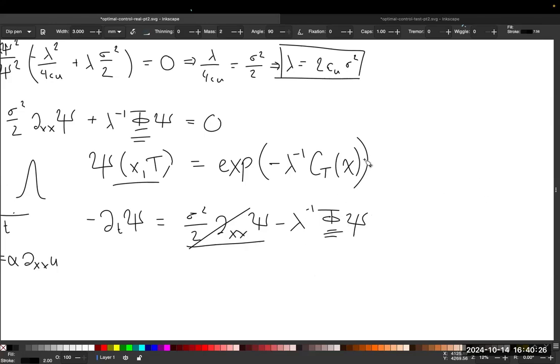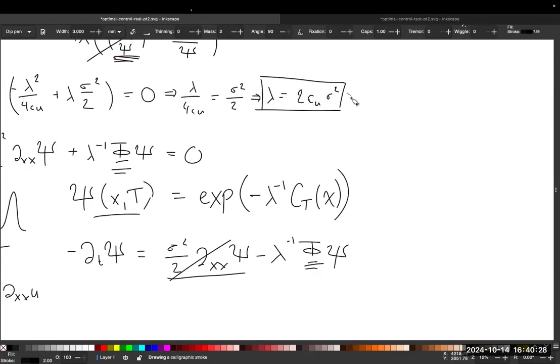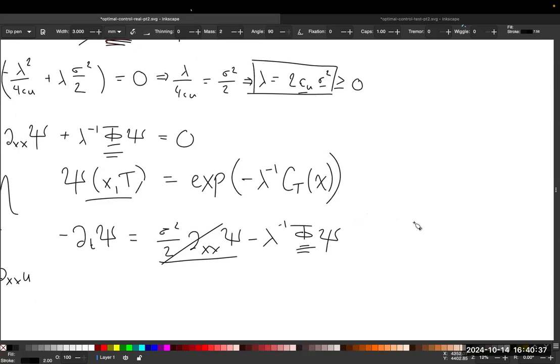And lambda, I should mention, is also going to be greater than or equal to 0, because sigma squared is obviously positive, and c_u is going to be positive as well. Then when this runs backwards in time, if we're in a state that has a non-zero value of phi, we're going to see that this decays over time, kind of exponentially.